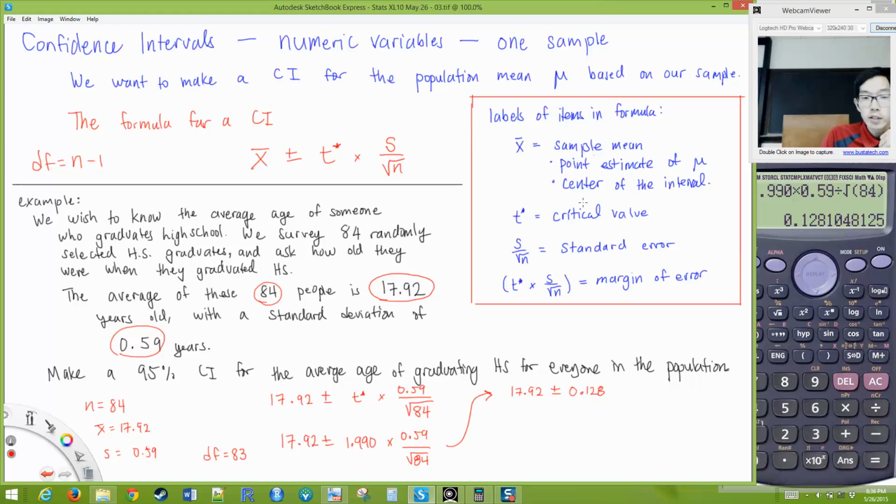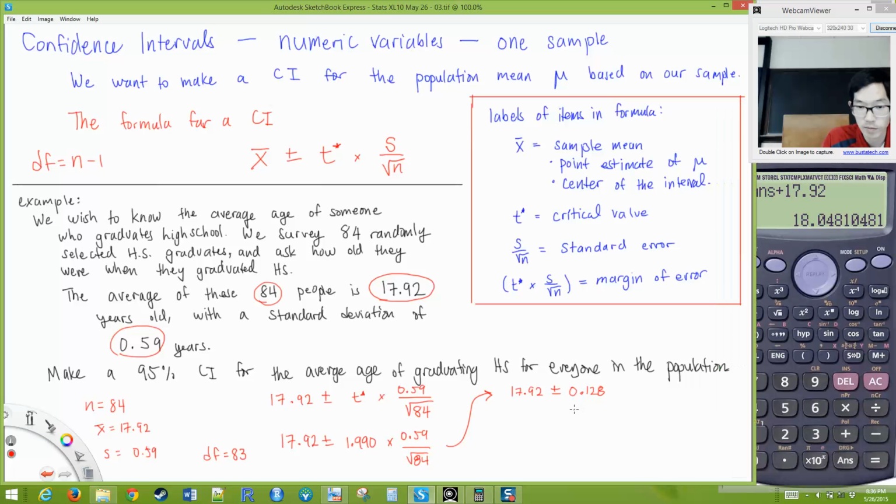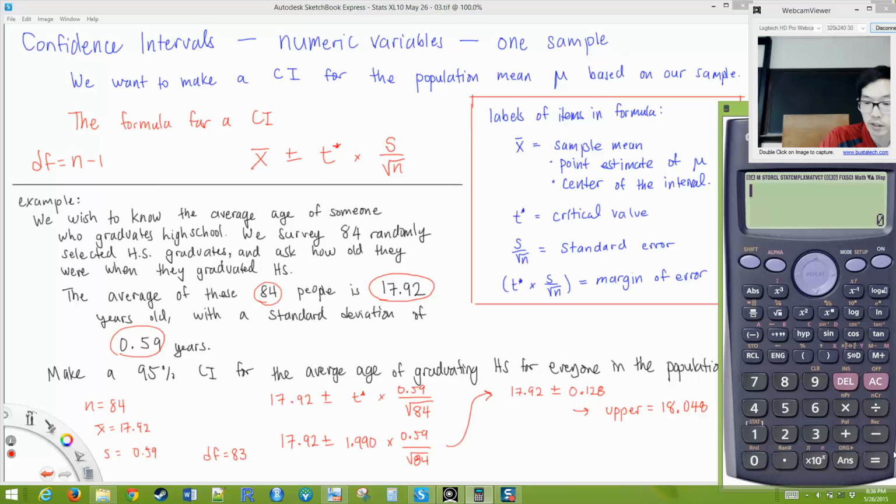Okay? So if I do 17.92 plus 0.128, what do I get? I get 18.048. So the upper bound, 18.048. And on the lower bound, 17.92 minus 0.128, 17.792.